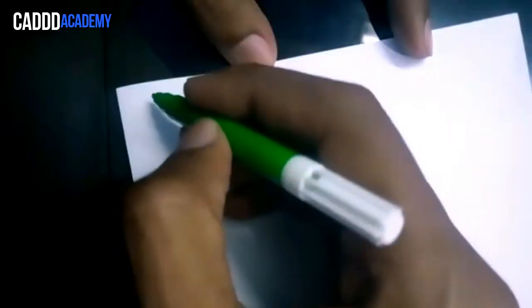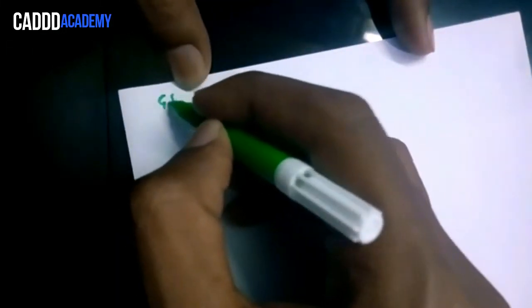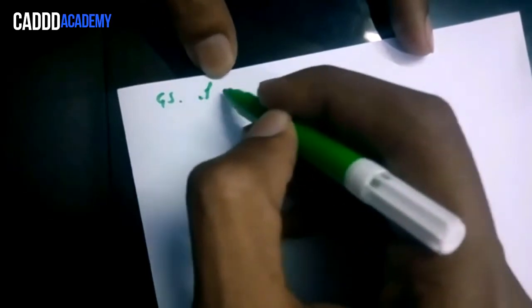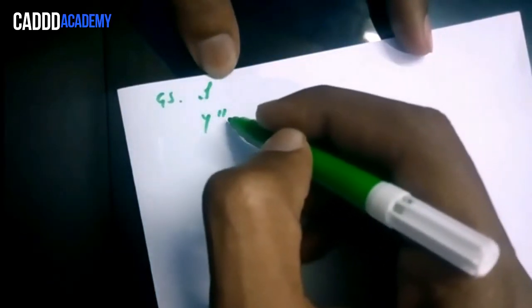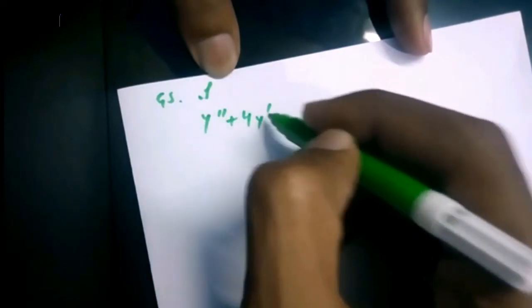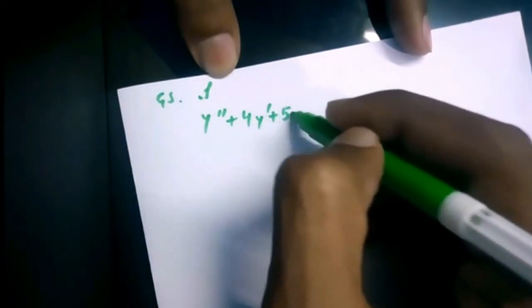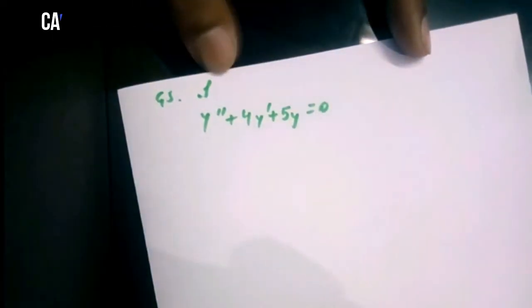Now I am taking a problem where we have to get the general solution of the equation y double dash plus 4y dash plus 5y is equal to 0.